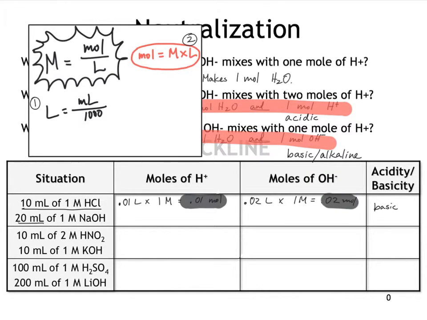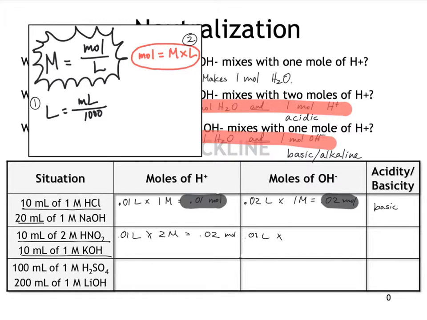Let's go through this one again. In this case, we have 10 milliliters of 2 molar HNO2. So that means we have 10 divided by 1,000, or 0.01 liters of this acid. Its concentration is, of course, 2 molar. So that means we have 0.02 moles of hydrogen. And in the second scenario, we have 10 milliliters, or 0.01 liters.